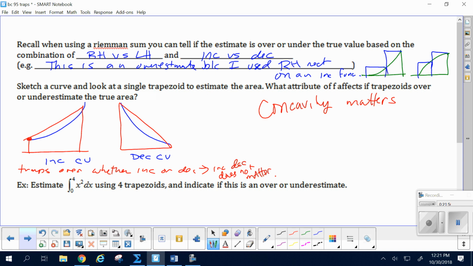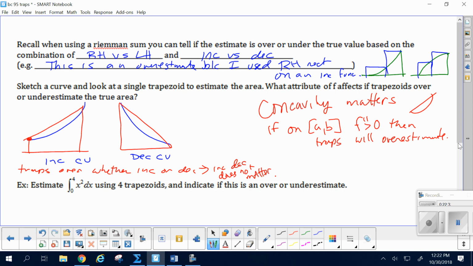So if on a whole region, F double prime is greater than 0, then trapezoids will what? Overestimate. Okay? And obviously, for concave down, trapezoids will underestimate. All right, so it's all about concavity.